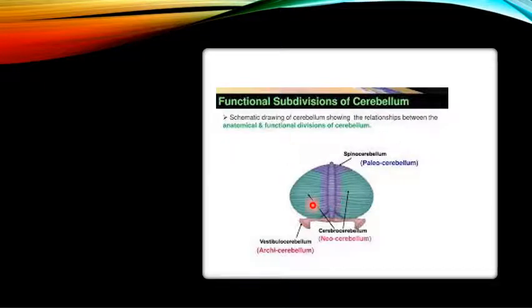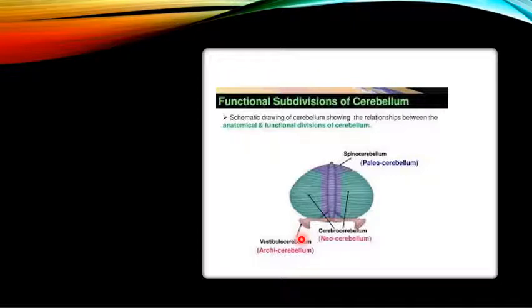Here, as you see in this image, is the archicerebellum or vestibulocerebellum. It consists of the flocculonodular lobe. It is phylogenetically the oldest part.